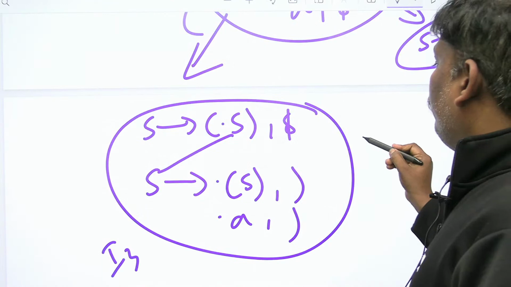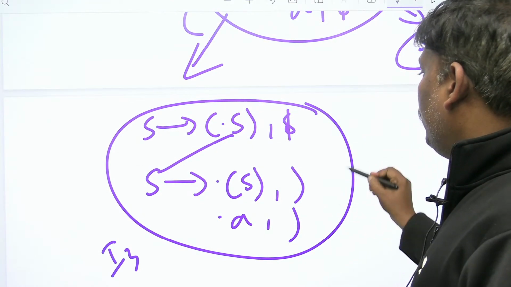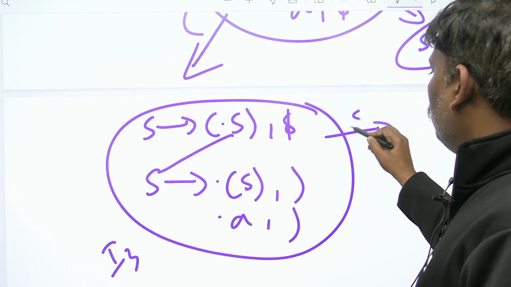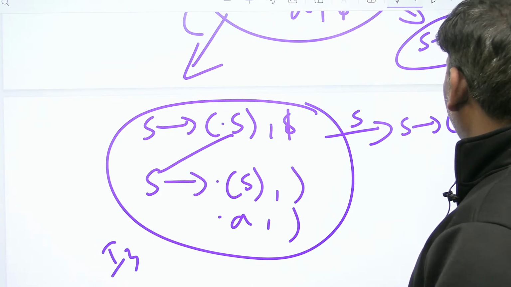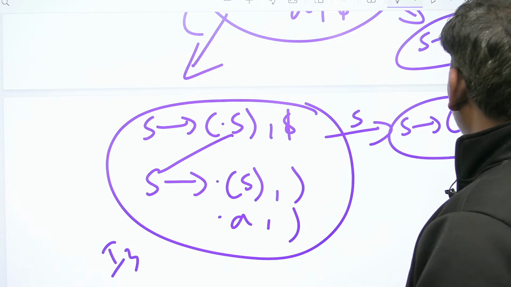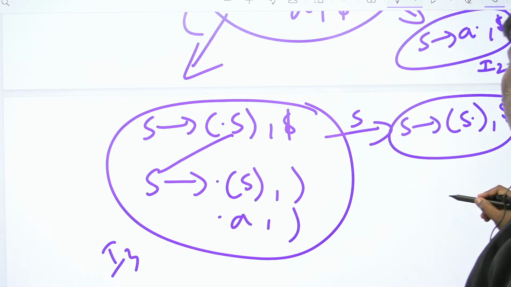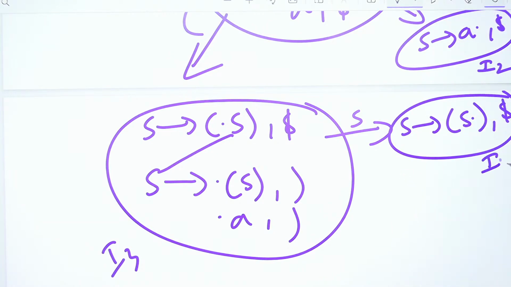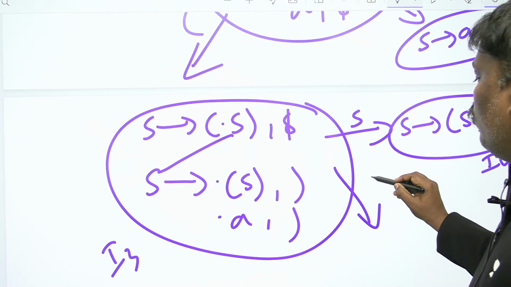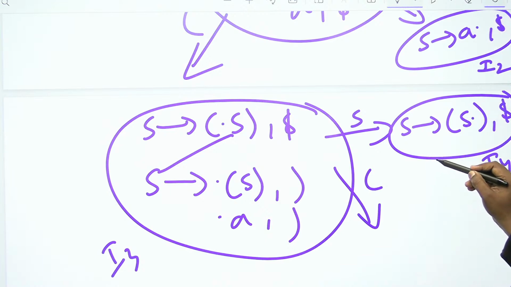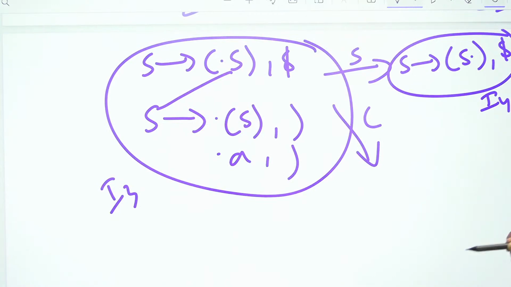Now listen everyone. On this state if I give S, it will go to S goes to open bracket S dot closure bracket, comma dollar. Only one item, actually not required, but because I have to write the number of states. It is I4. Next, on this state if I give open bracket, what will happen?